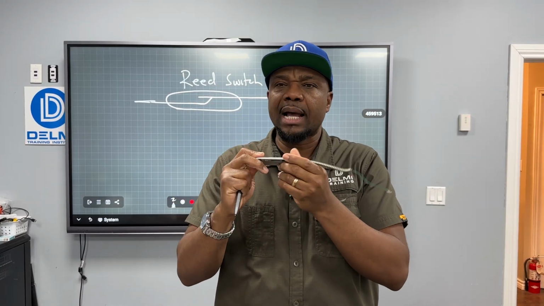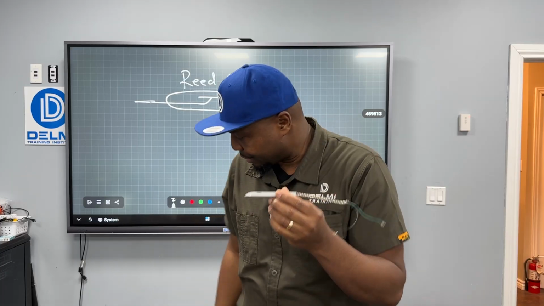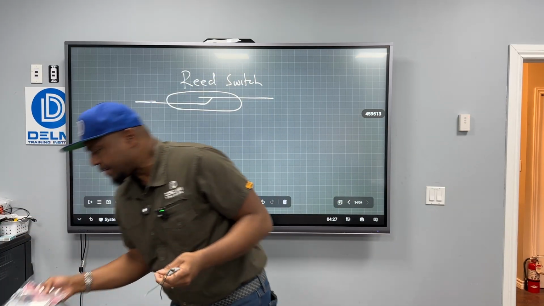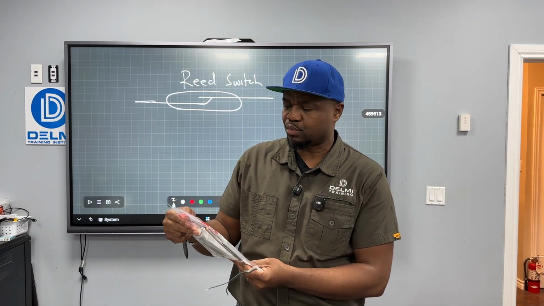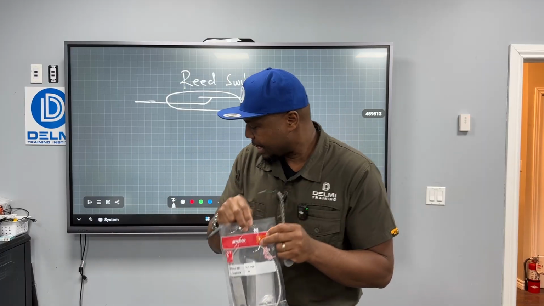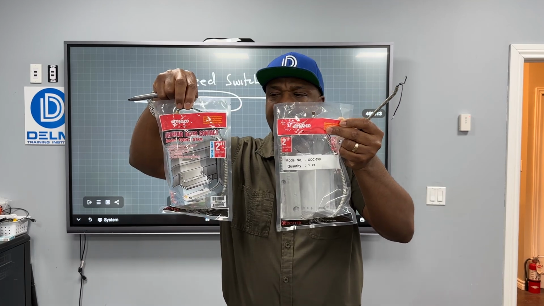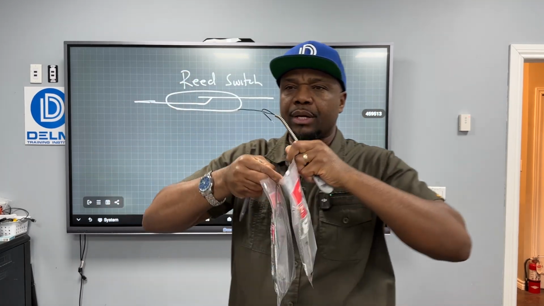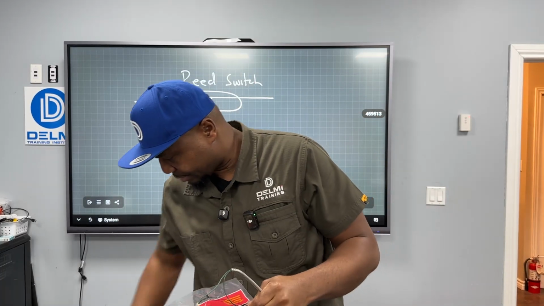These ones also come in single pole, single throw, and single pole, double throw. So when you're going to buy, you have the option. This one that we have here is made by Amseco. They come differently, so you have to know what you're looking at. The packaging looks pretty much the same, but when I flip it over and take a look, you know what, I've got to take it out.